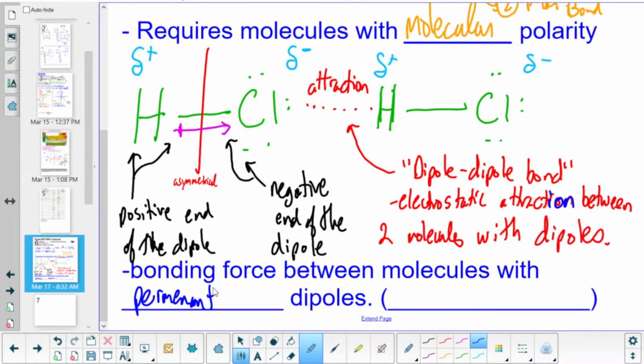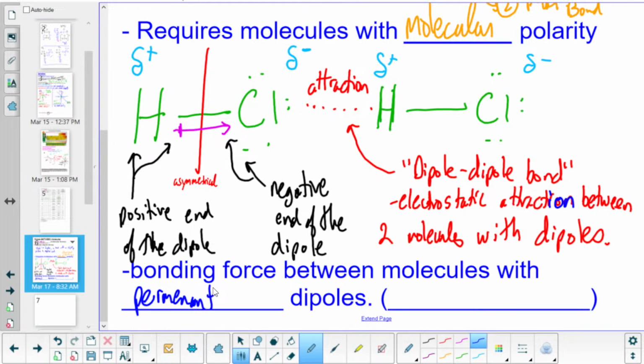So your paper is not held together by covalent bonds or ionic bonds, other than the actual wood fibers themselves. But the wood fibers stick to other wood fibers purely by dipole-dipole bonding, which is why if you put it in water, which is a very strong polar solvent, your paper eventually just sort of dissolves away, because water will disrupt all of that process.